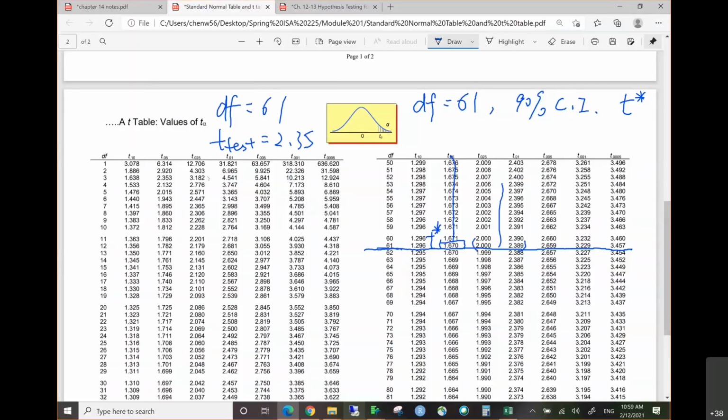Then we go up. This is your p-value range. Got the difference? Don't get confused. So this is how you find the t star: we combine the degree of freedom and alpha over 2, then go to the t table and find the corresponding t value.